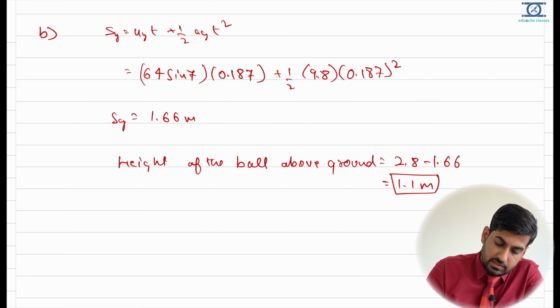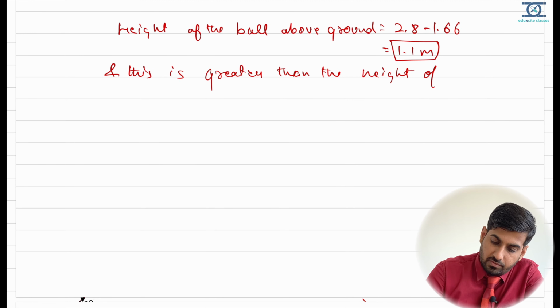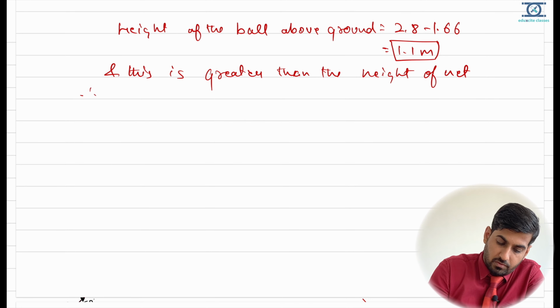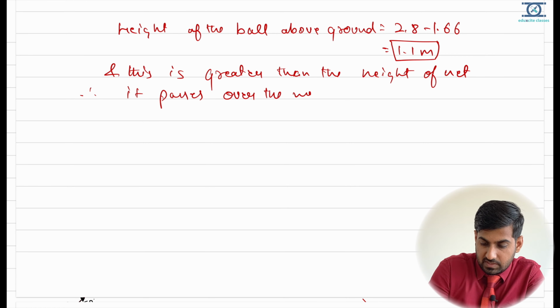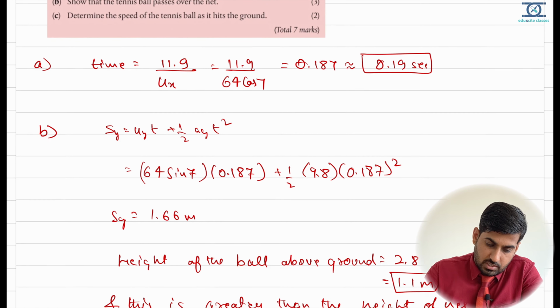And this is greater than the height of the net, therefore it passes over the net. I hope it makes some sense. Just go through the calculation, and if you have any doubt, just comment below.